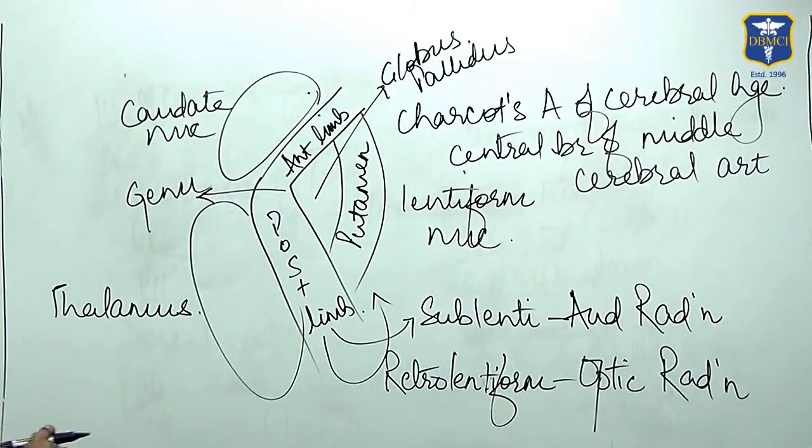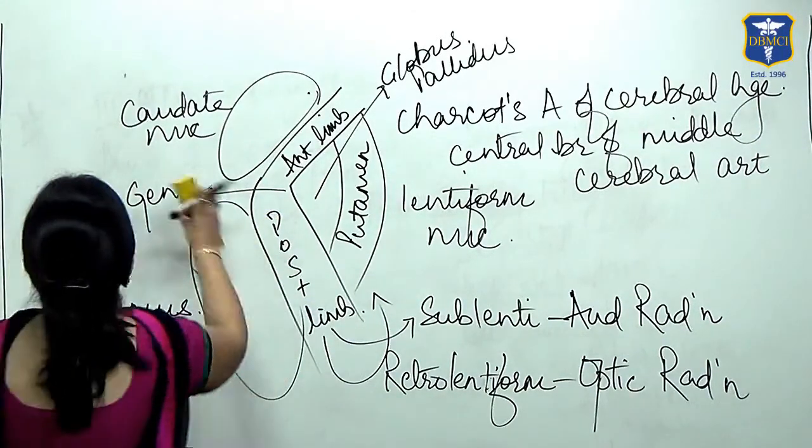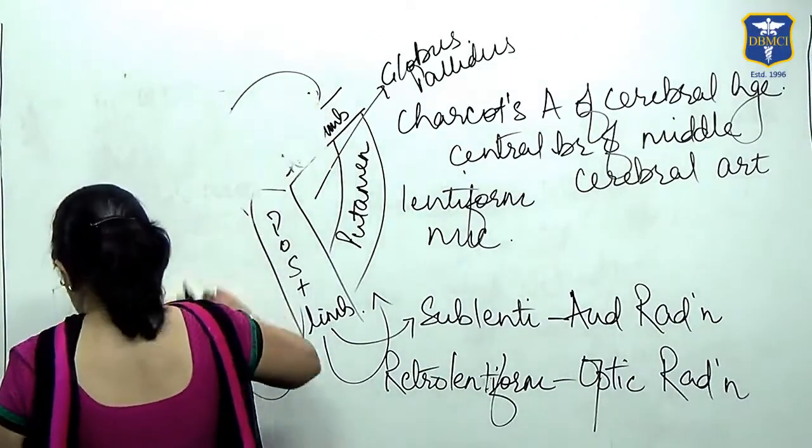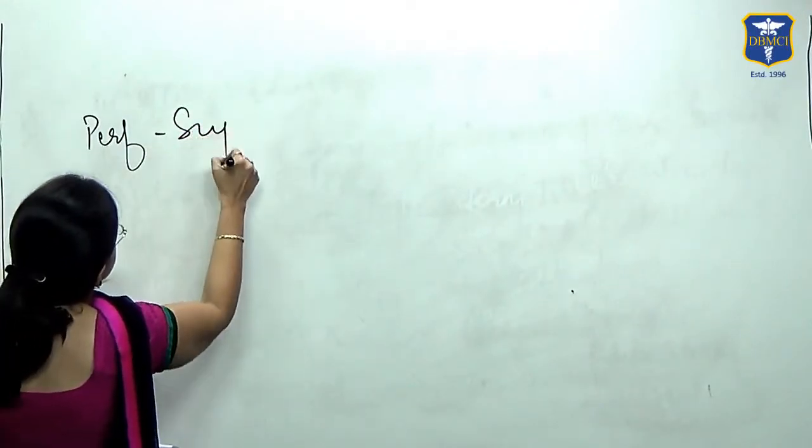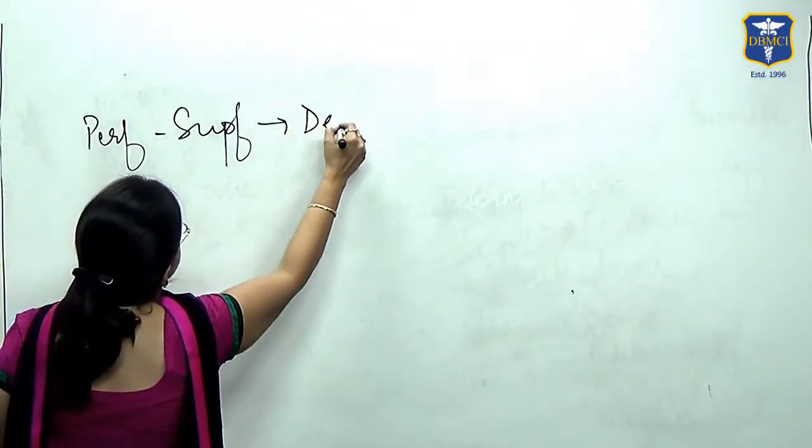Question 27. The answer is D. Perforators connect the superficial veins with the deep veins.